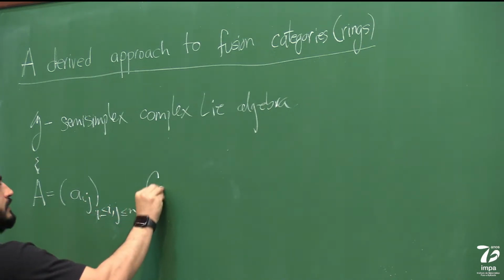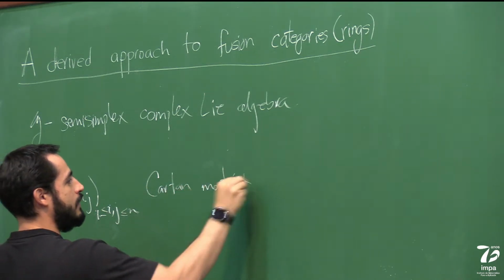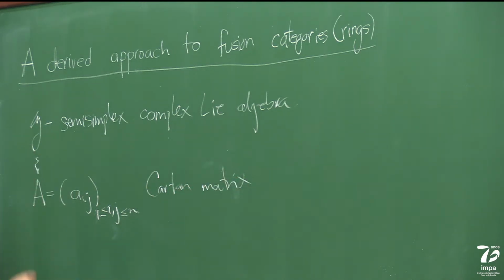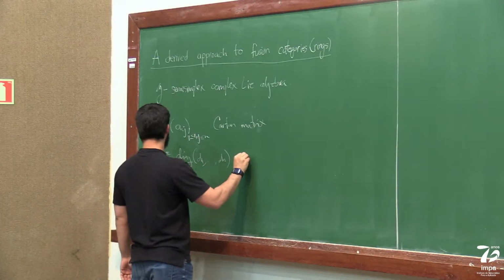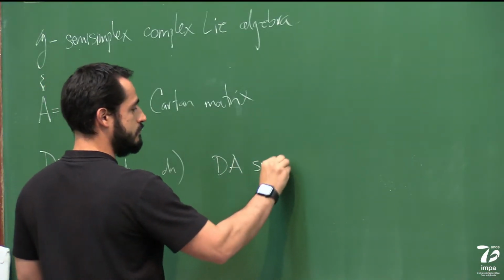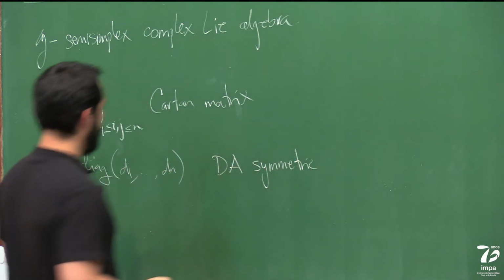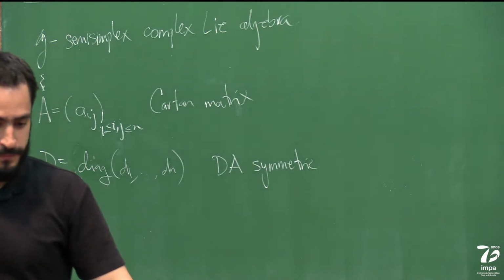This is the Cartan matrix. If it is not symmetric, then we need to consider some diagonal matrix, g_1 up to g_n, such that g times A is symmetric. I just need this in the definition, but it's not crucial. Just to fix notations, it's what I want to do.